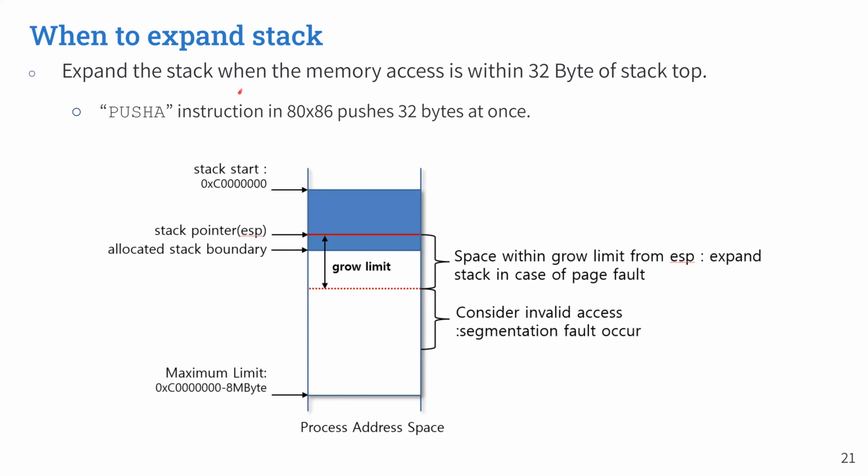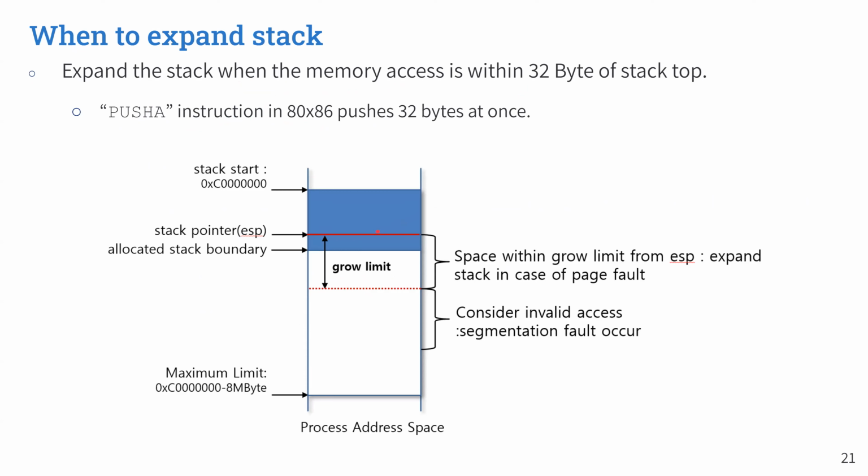I'll talk more about that. We will consider the user to be accessing the stack in the right way when the accessing address is within 32 bytes of the stack top. This is because the PUSHA instruction in your architecture pushes 32 bytes to the stack at once.